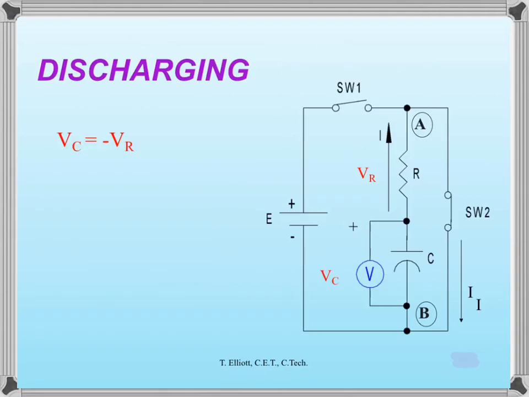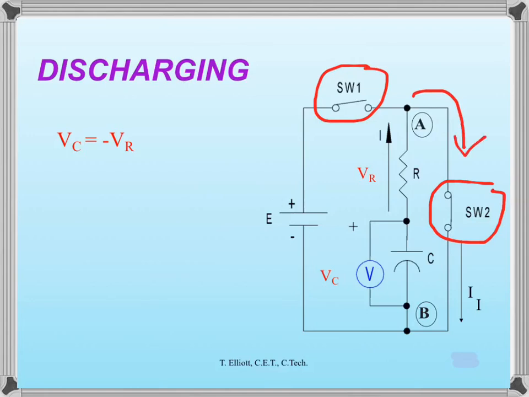Okay, when we're discharging, notice switch 1 is now open, and we've now closed switch 2, so the charge on the capacitor is going to bleed off and go that way. And notice that because the current is going the other way through the resistor, the voltage now has a negative polarity.